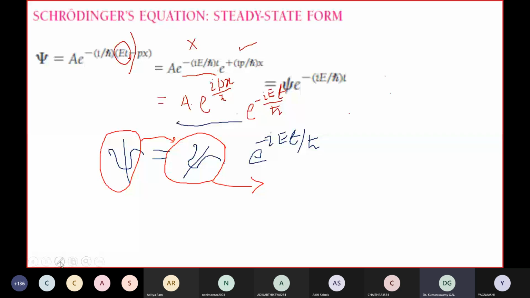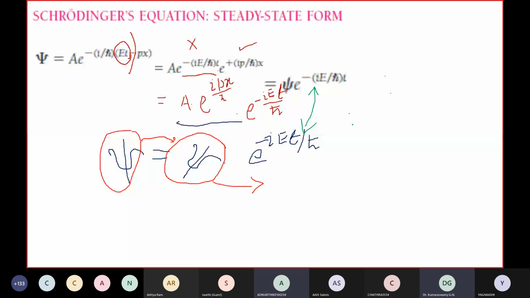Sir, why are we considering i in every equation? It's a complex quantity, right? Whenever we consider a wave equation, we get complex quantities. We can't help it. For every wave equation we have to consider i, which represents real and imaginary parts.